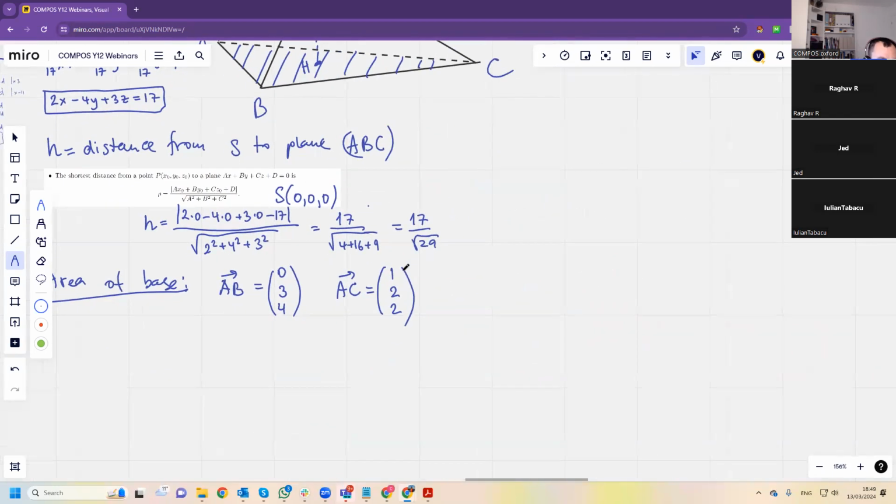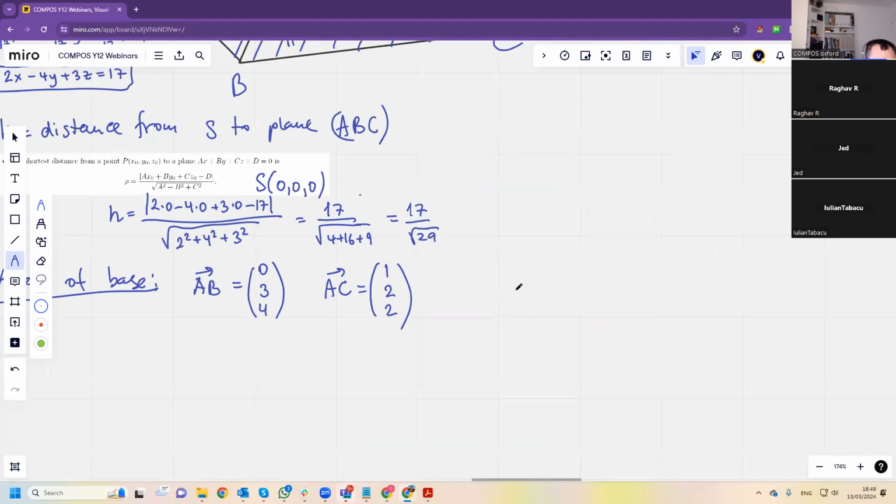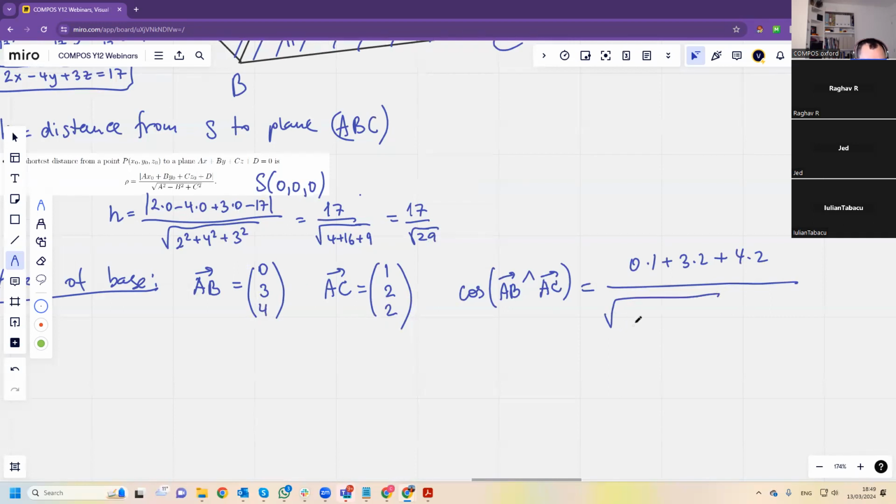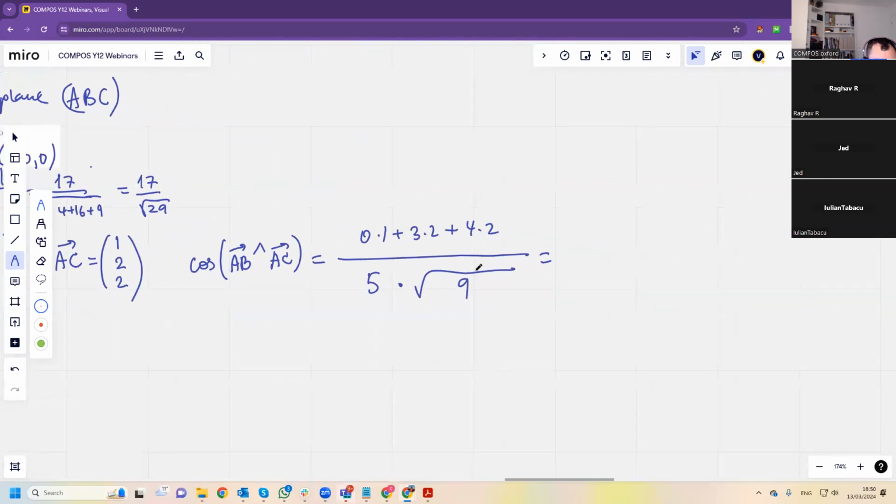You can find the angle between, we can find the cosine of the angle between AB and AC, which is the dot product. It's 0 times 1 plus 3 times 2 plus 4 times 2 over the length of AB, which is 5, as you can already see, multiplied by square root of 1 plus 4 plus 4. So that's 4 plus 4 is 9, square root of 9. Okay, that's beautiful. So that's going to be 5 times 3, 15.